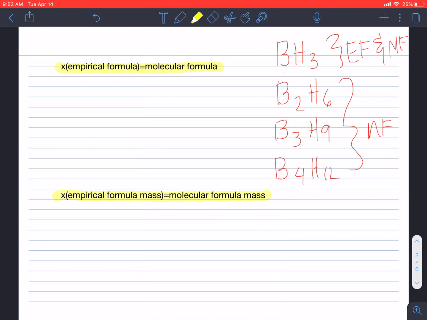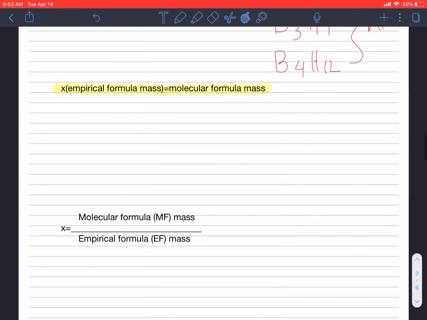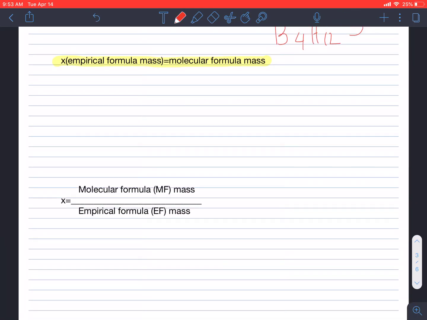So for example, most of the time in the problems that I give you, the molecular formula mass is always given to you. It's given in the problem. You are either given the empirical formula mass or an empirical formula that you have to find the mass of yourself.